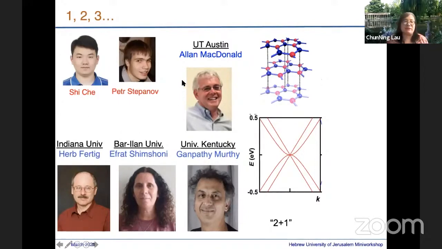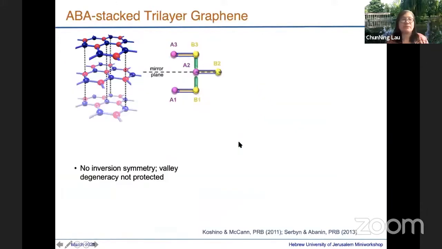We also have a number of theoretical colleagues who help us understand the data: Allan MacDonald from UT Austin, Herb Fertig from Indiana University, Alfred Shimshoni from Bar-Ilan University, and Garnett Bryant from the University of Kentucky.